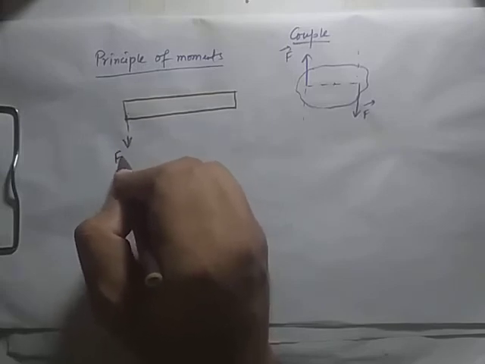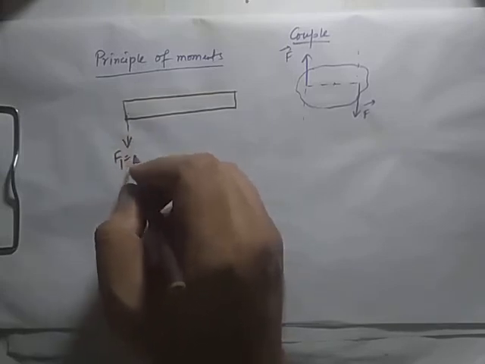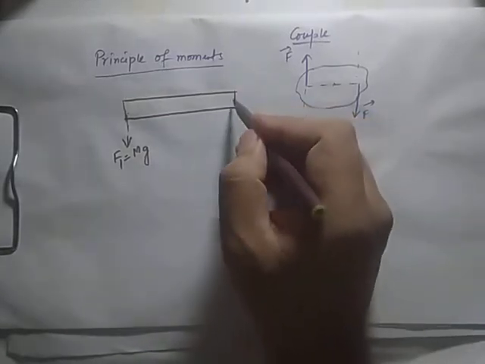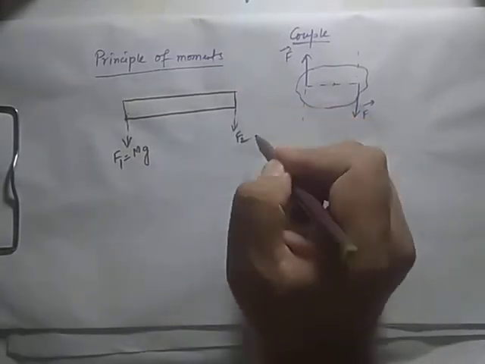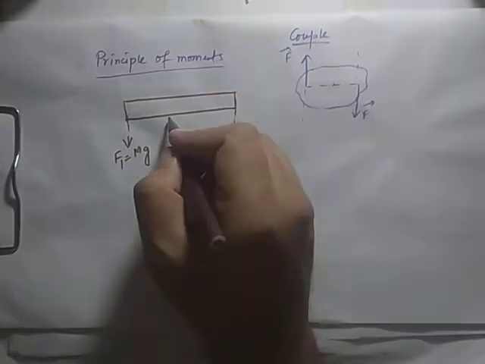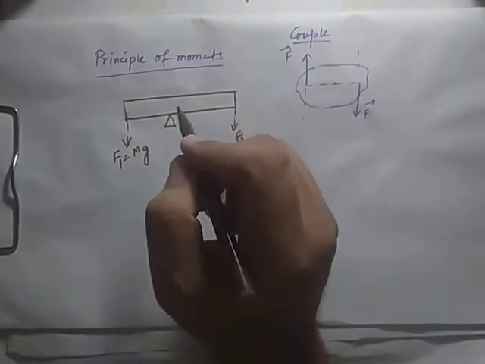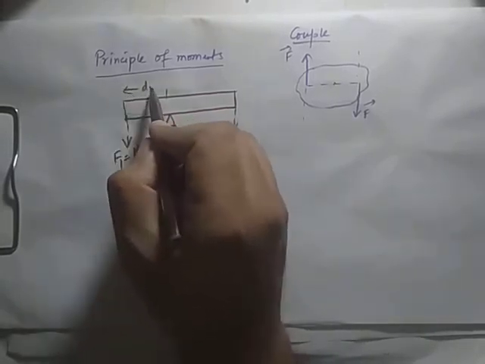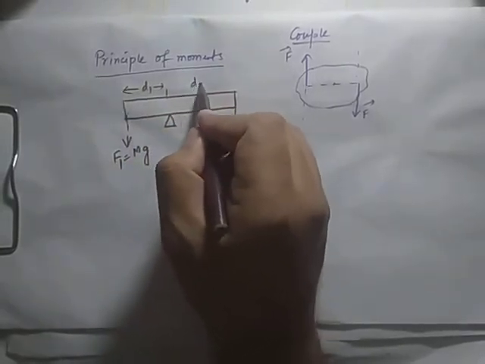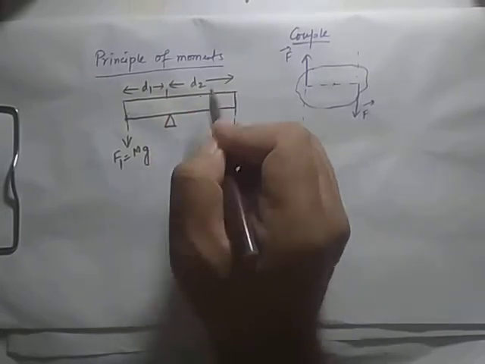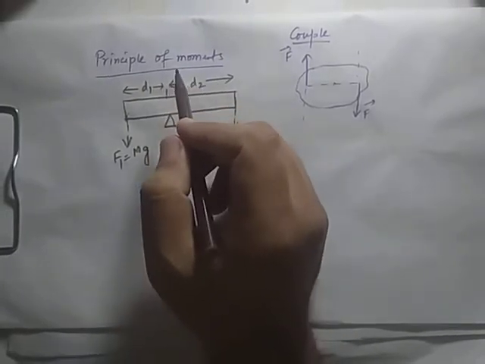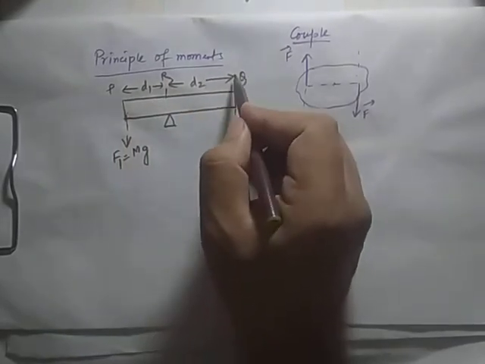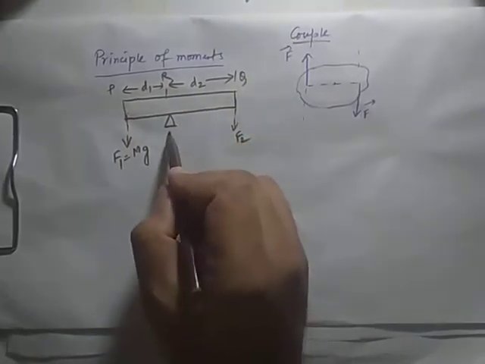F1 is equal to mg force, and another force is F2, working in this direction, and at this particular point it is balanced. This distance is d1, and this one is d2. This is P, this is R, and this one is Q. This is the F.